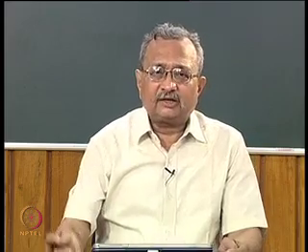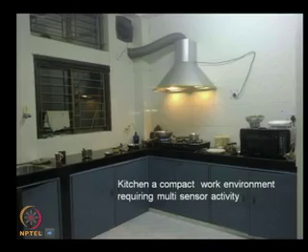Now, another work area is at home, the kitchen. The kitchen is a compact work environment requiring multi-sensory activity. What is the multi-sensory activity? In this case, when some work is going on, there is the fire, one has to be concerned about it, the illumination level needs to be considered, and also the power points and their placement. When the chimney is working, the fumes should go out.